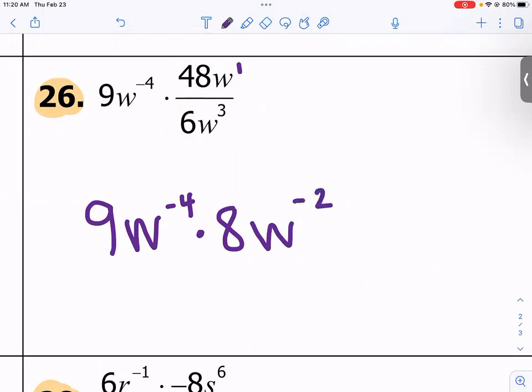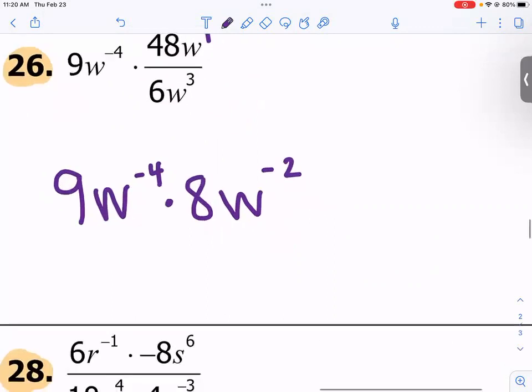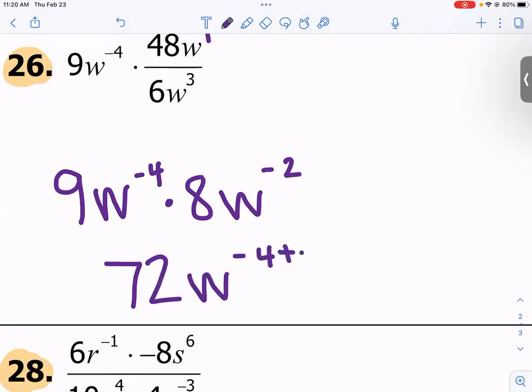We get negative 2. Okay, so here are some things that I noticed. I noticed that a lot of us got the 9 right. I noticed that a lot of us took 9 times 8 to be 72. And then we took negative 4 plus negative 2 to get negative 6. So you gotta do the 1 over.